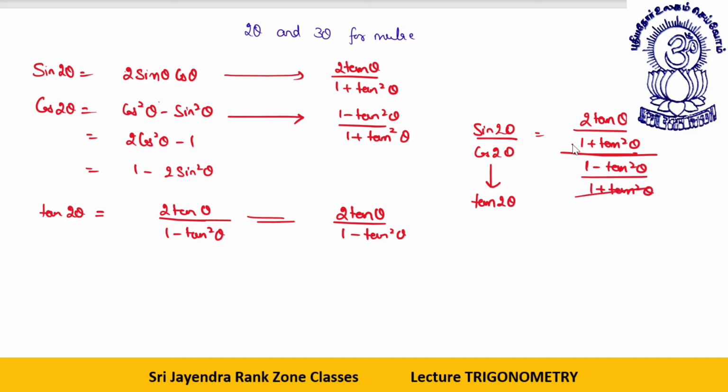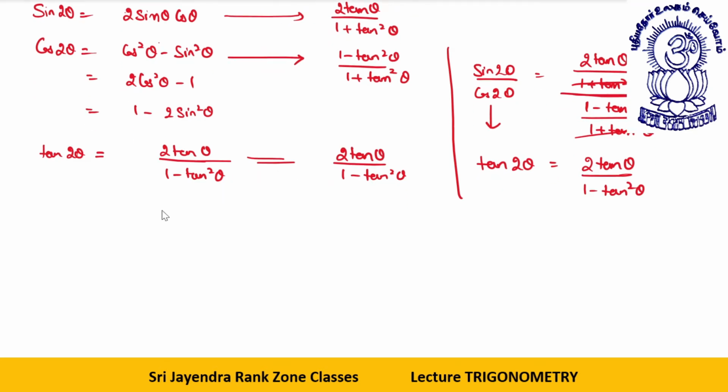The 1 plus tan square theta terms cancel. 2 tan theta upon 1 minus tan square theta is the value for this. Tan 2 theta is equal to 2 tan theta upon 1 minus tan square theta.